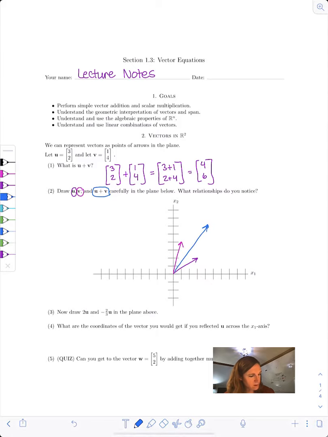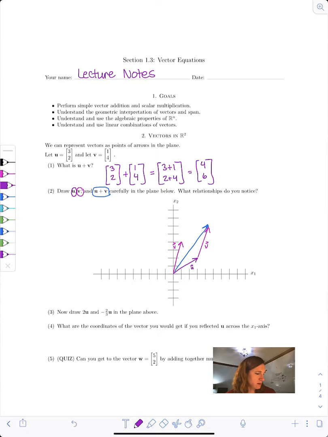And one thing you should notice is that u is the purple arrow, and v is the pink arrow. When we draw another copy of v, starting at the tip of u and going up, we get to u plus v.